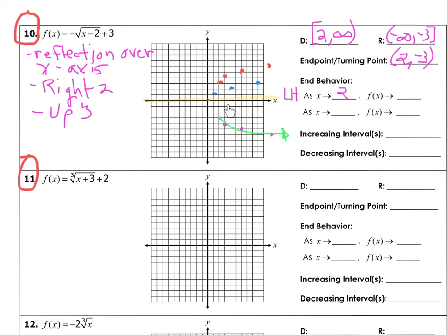So I'm going to follow along in this graph. As I get closer and closer to an x value of 2, notice that y is getting closer and closer to negative 3. So y approaches negative 3. So this says as x approaches 2, f of x, which is our y, approaches negative 3. As x approaches 2, and I'm going towards the left, y is approaching negative 3.